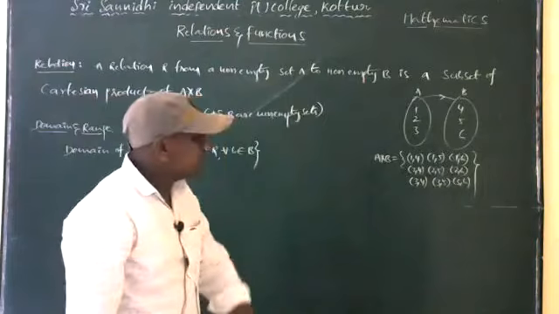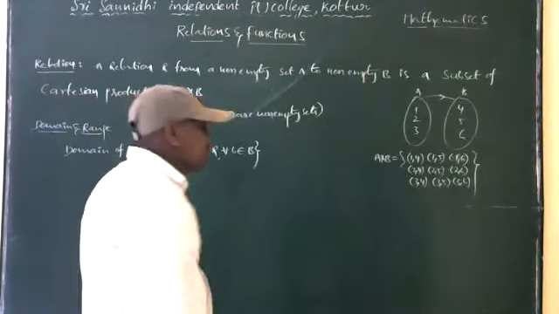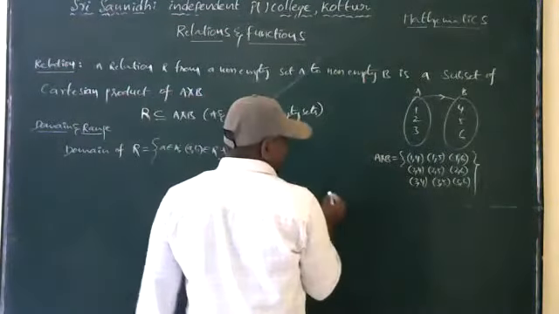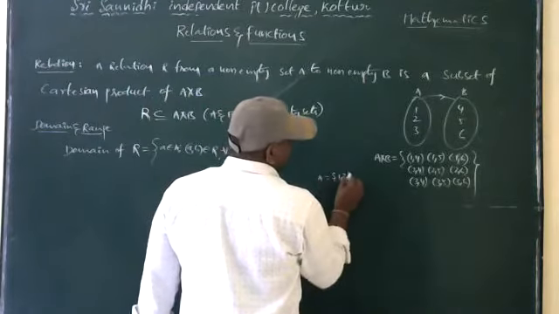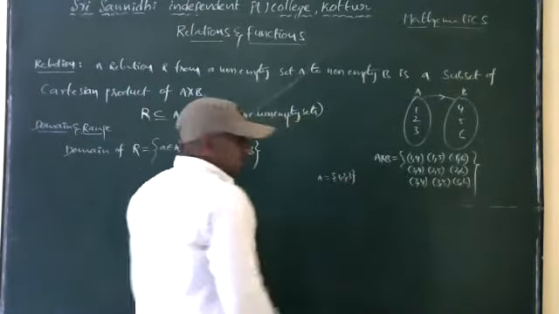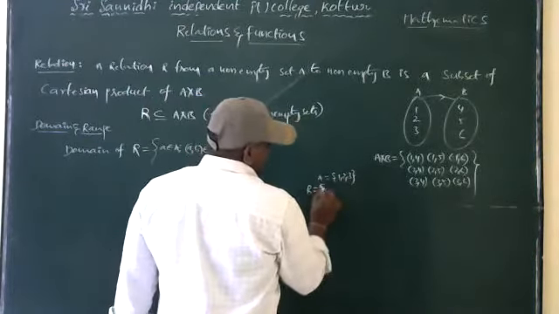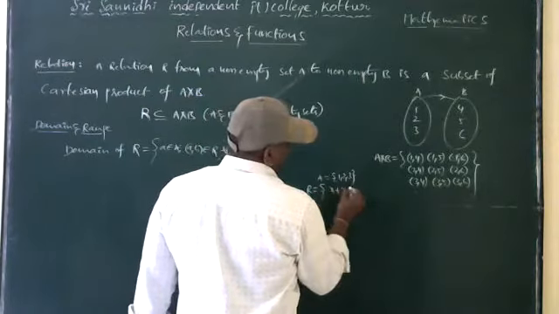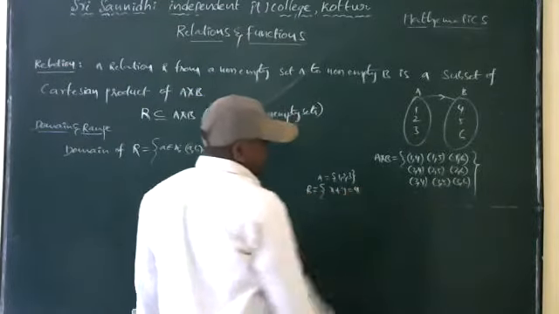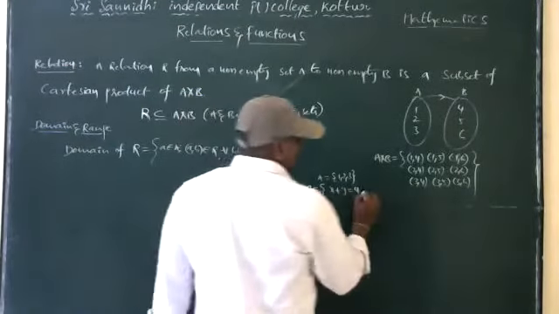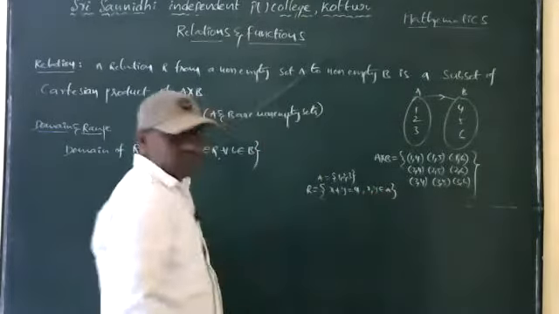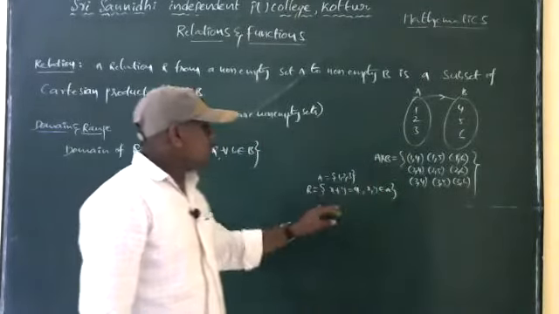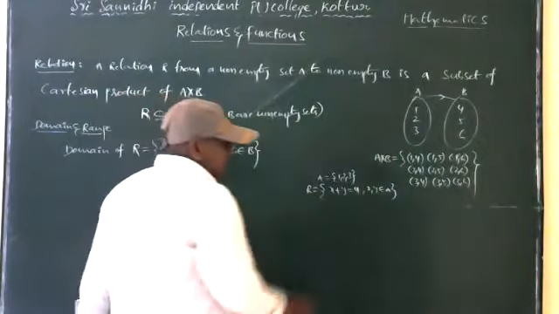In case if you want to take any relation, for example, they define the relation like this now. Set A is 1, 2, 3, right here. Then relation is x plus y is equal to 4, where x, y belong to set A. This is one relation. See, x plus y is equal to 4.